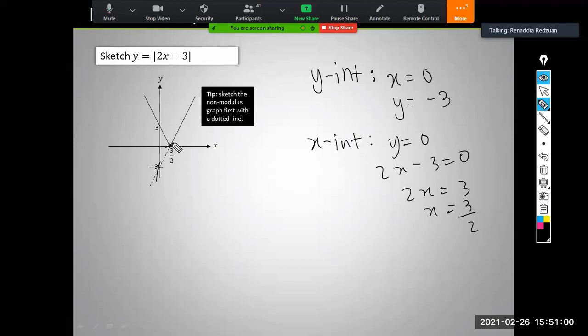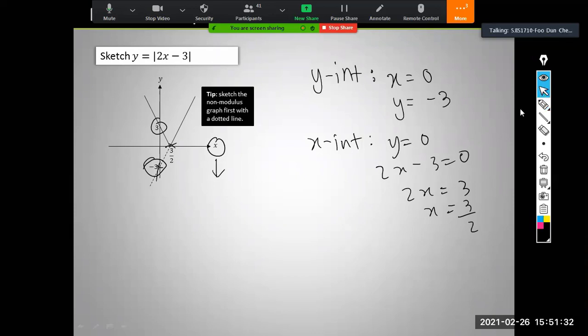So you connect these 2 points first, and you get this straight line. Since we are taking the modulus sign, everything below the x-axis, the part on the negative side, needs to be reflected upwards. So negative 3 here will now go to positive 3. At the end, your final sketch will be this V-shaped graph. A modulus graph must be V-shaped.